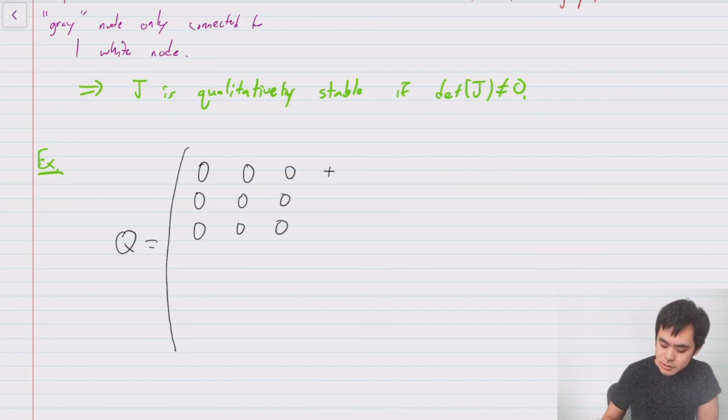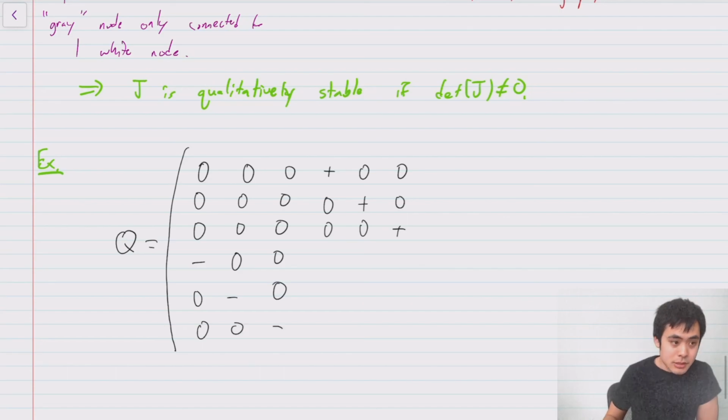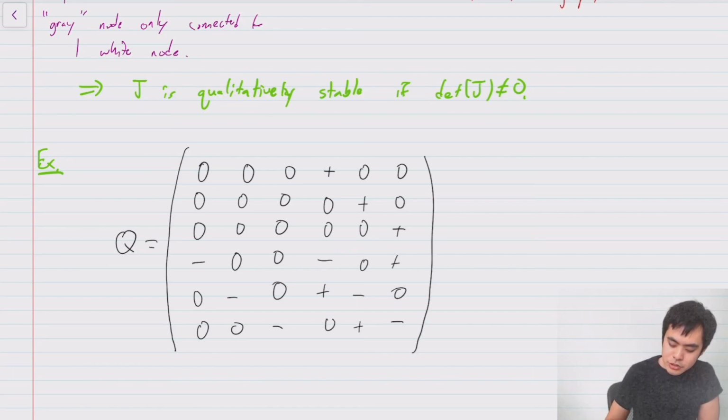It's going to be plus 0, 0, 0, plus 0, and 0, 0, plus. And this is going to be minus 0, 0, 0, minus 0, 0, 0, minus, and minus, minus, minus, plus, plus, plus, 0, 0, 0, where these are the host stages or the parasite stages.